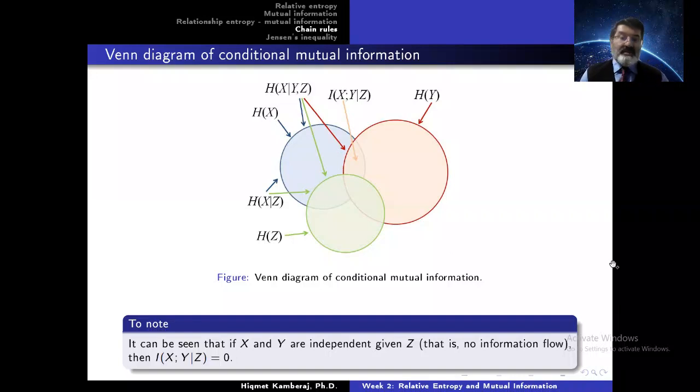This is something that we showed before. To note, if x and y are independent given z, that is, no information flow, then the conditional mutual information between x and y given z is equal to 0.